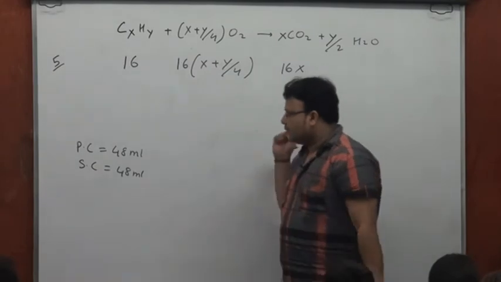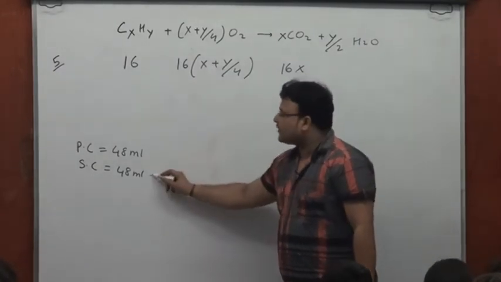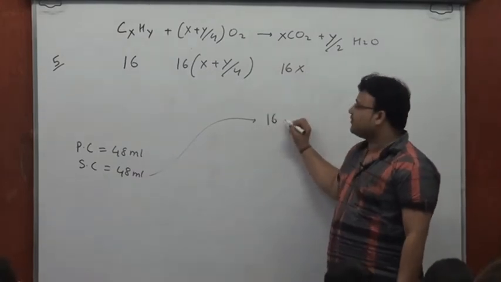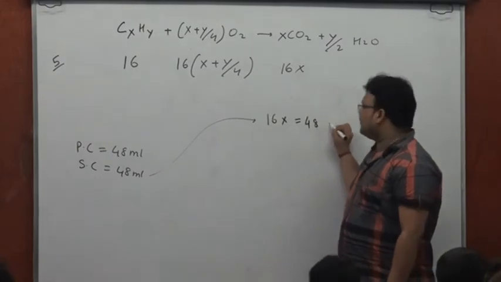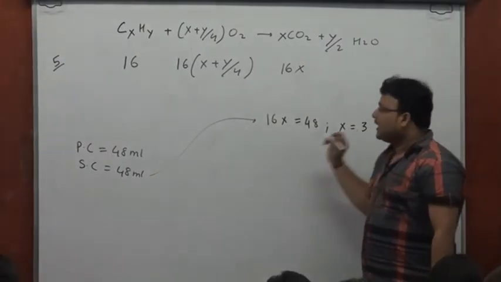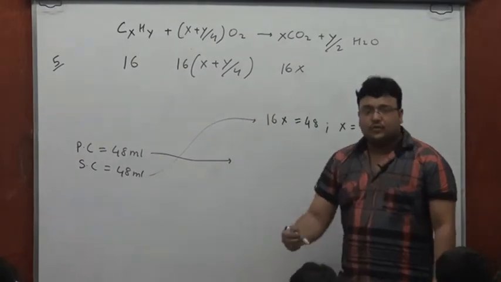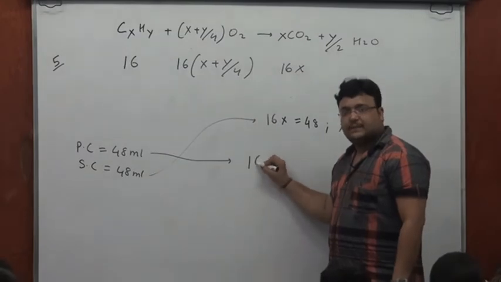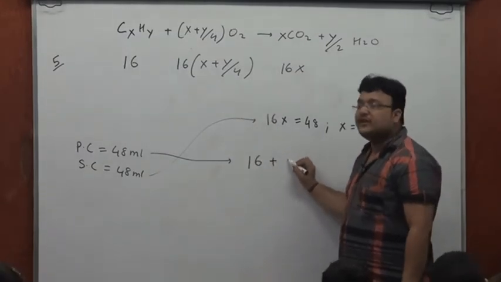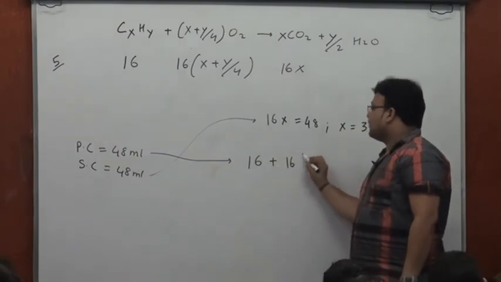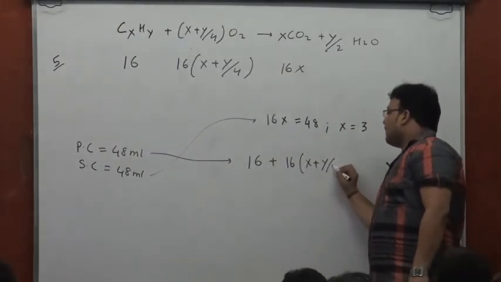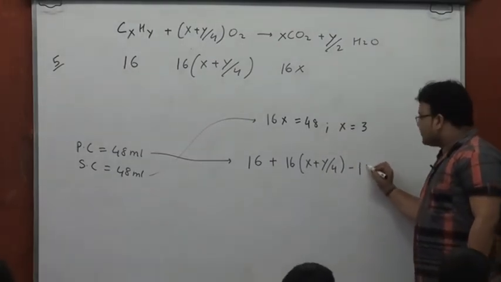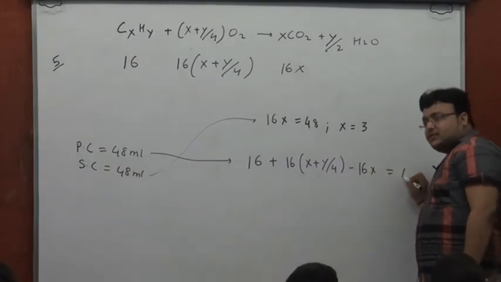Now again, working on the same line, secondary contraction is the volume of carbon dioxide formed. 16x is equal to 48. Now for primary contraction you will want to again recall that result. It is the volume of hydrocarbon plus oxygen used, which is 16 times x plus y by 4, minus carbon dioxide formed, which is 16x, and that's equal to 48.